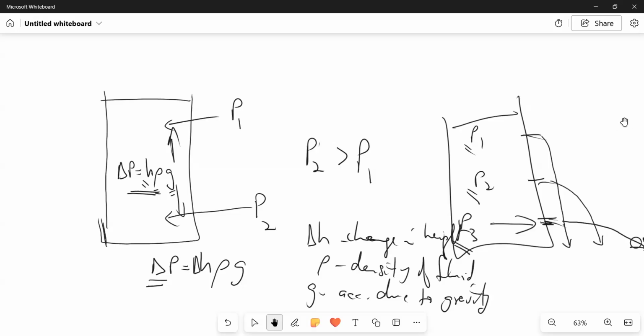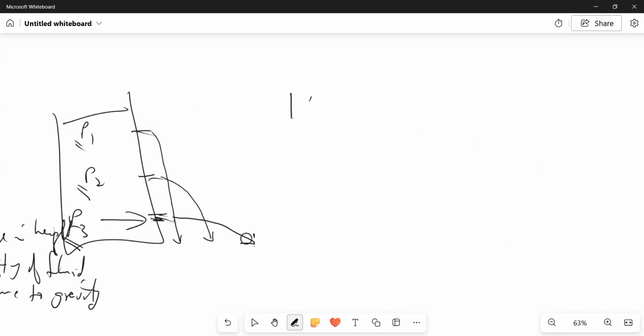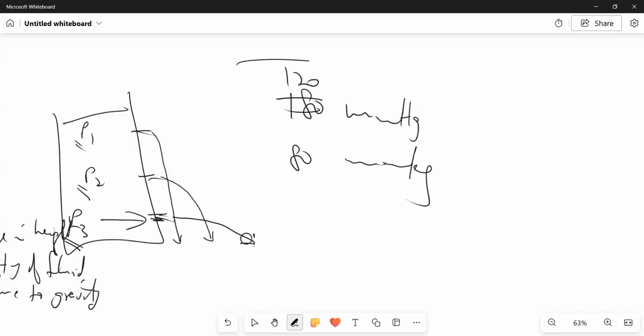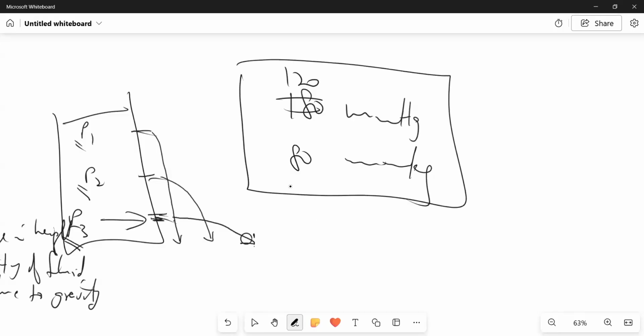But remember, because you're Guyanese, your heart is pumping at, let's say, the 120 and the 80 mmHg. Your heart is used to giving you that pressure plus the atmospheric pressure, 1 atmosphere.